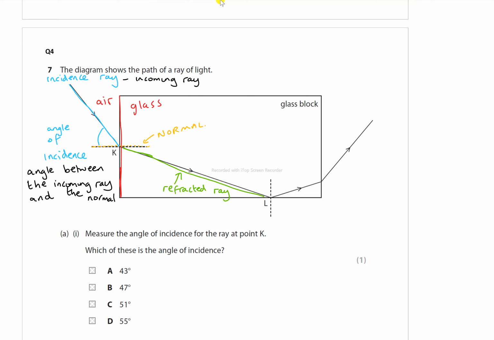And if you notice, it's bent. So that's your normal continued. It's bent towards the normal. So this angle here is the angle of refraction.